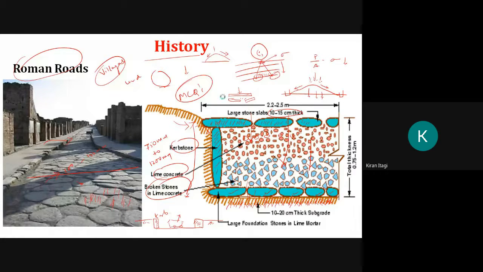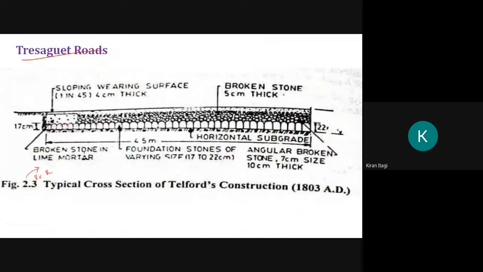But when you come to the Resaudal road, here we can see the slope was provided at 1 in 45. The top surface has the slope.